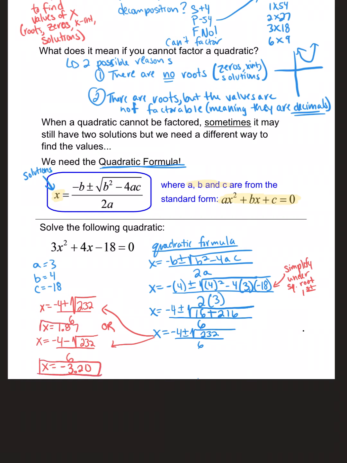Okay, so those are going to represent our solutions, just like usually when we factor, but they're decimals this time. They're not easy fractions or just a whole number. So we're going to make a note that for now, in general, we're going to round to 2 decimal places.